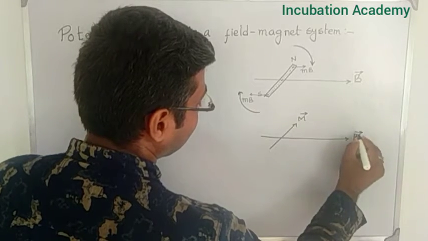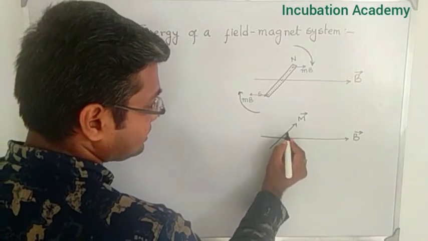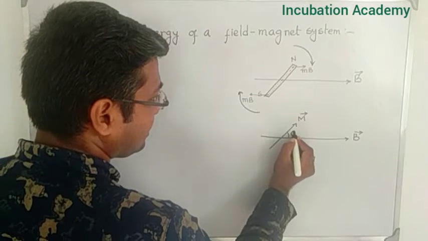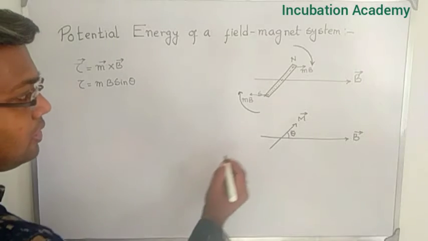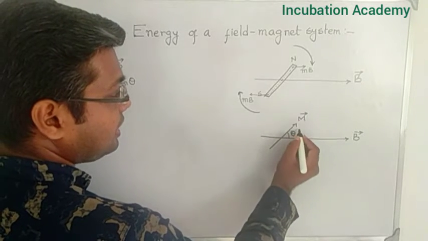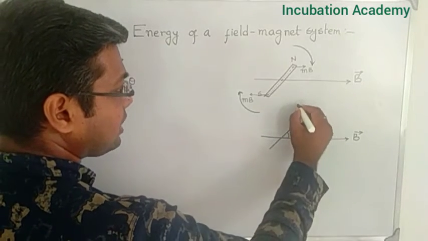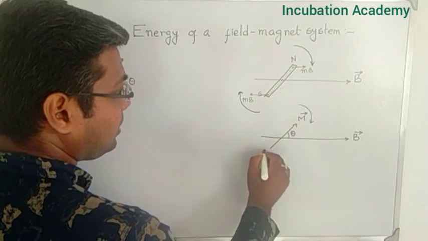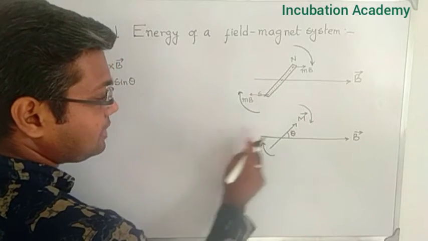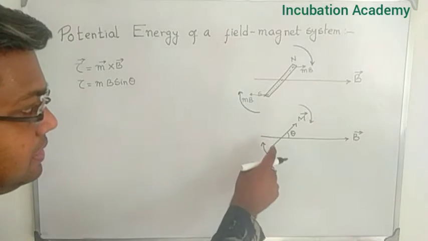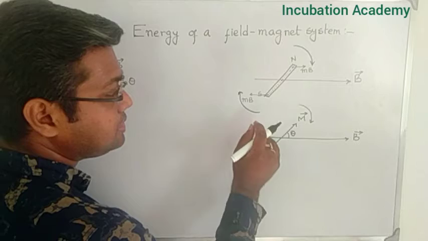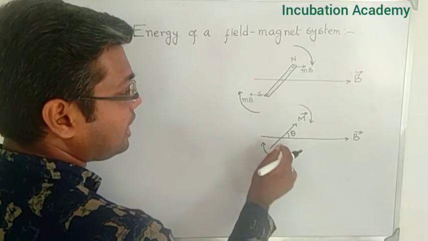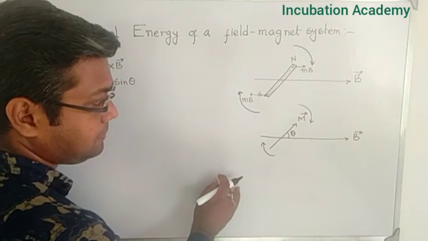and this is the direction of the magnetic field. Let us say at any instant it makes an angle theta. It tries to align itself, so the torque acts on it in the clockwise direction. If I try to hold it at that particular point, then I have to apply a counterclockwise, or anticlockwise, torque.